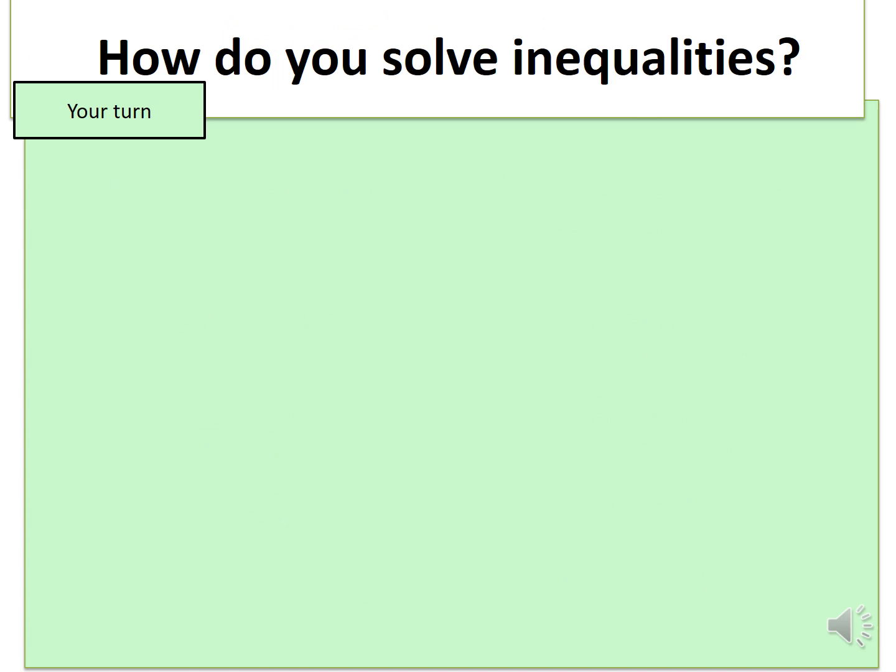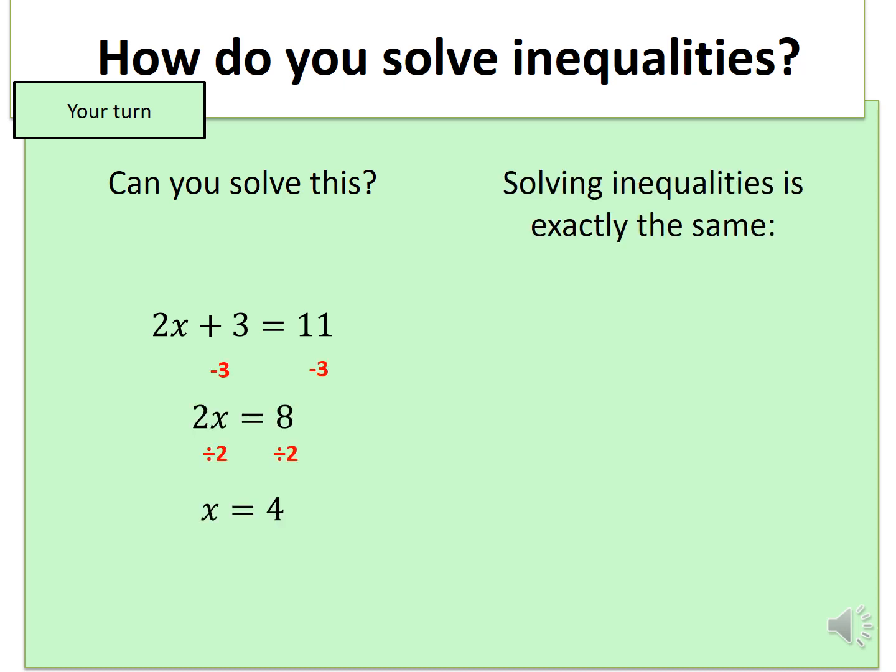Here is another one for you to try. Here is the equation, which I'm going to do for you. Now you do the inequality. Pause the video. Once you finish, write your answer in set notation.